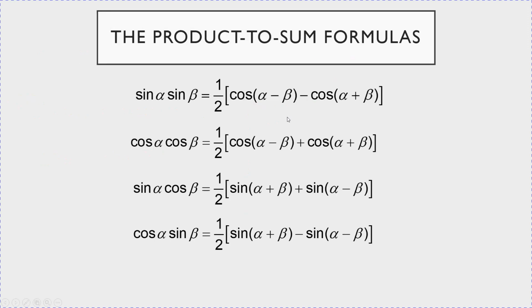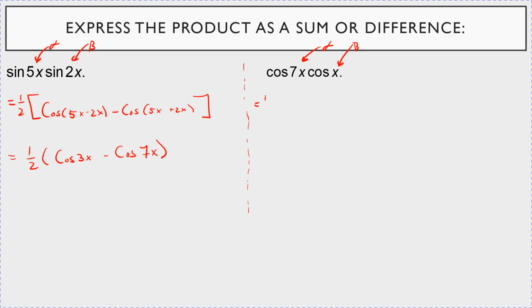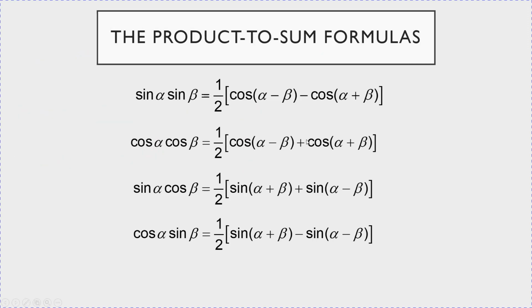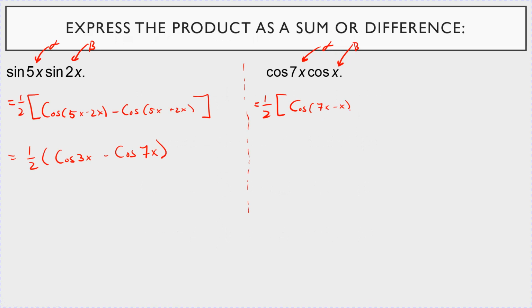So this is equal to 1/2 cosine of 7x minus x plus cosine of 7x plus x. Now you just clean this up: 1/2 of cosine of 6x plus cosine of 8x. And that's it.